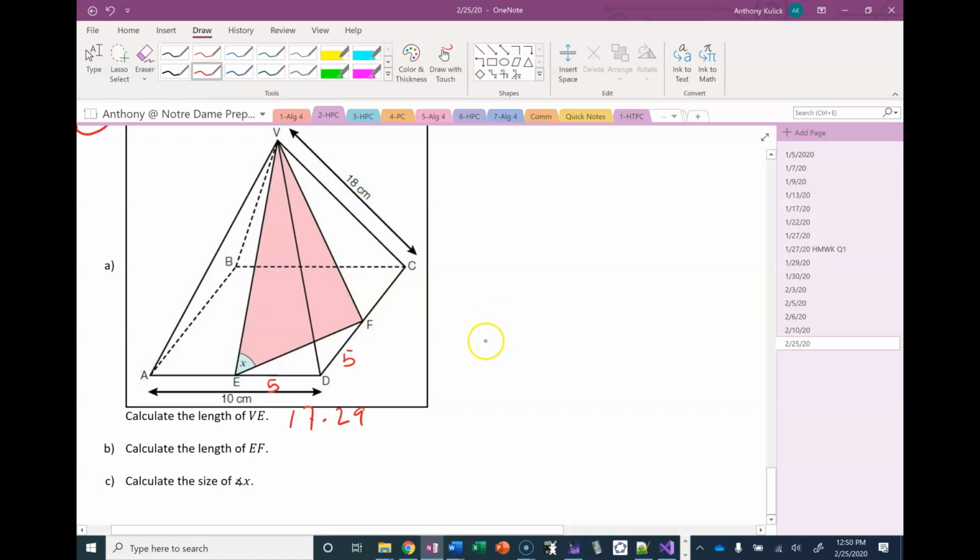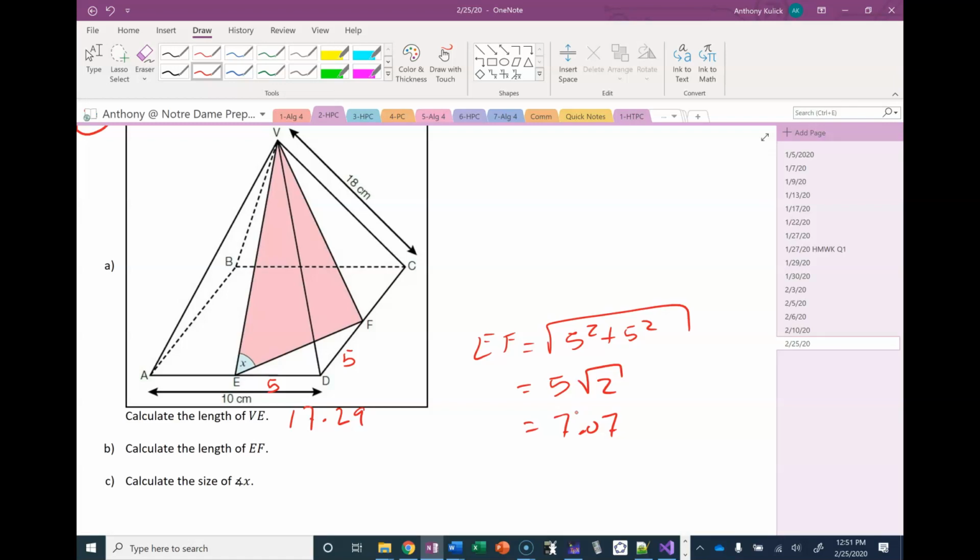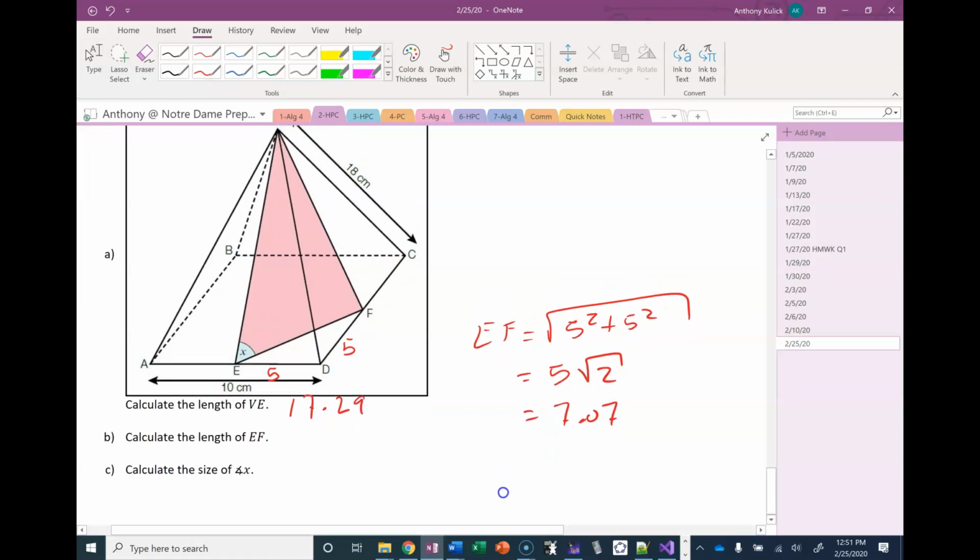So I can just use the Pythagorean theorem for EF, which gives me 5 root 2, or as a decimal, 7.07. Cool with that?